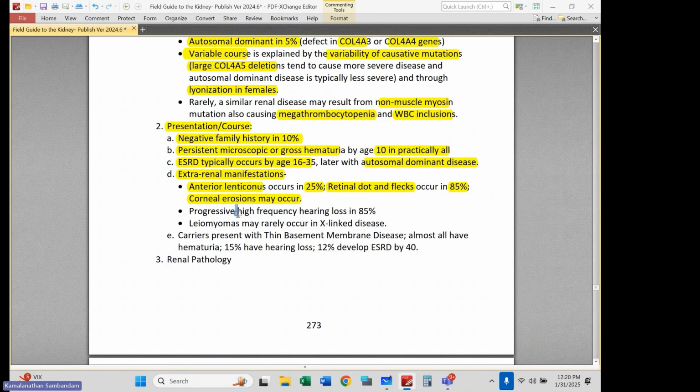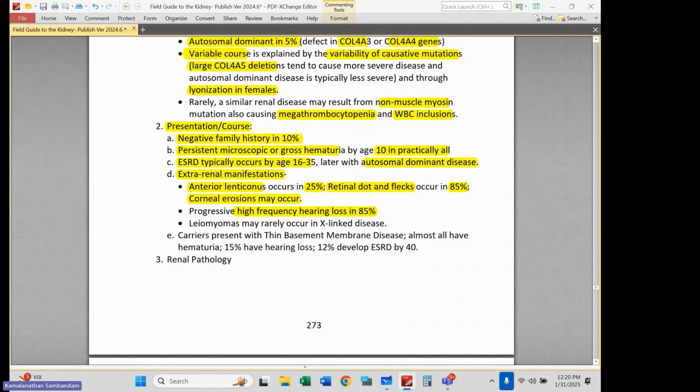Hearing loss happens also very commonly. And even in thin basement membrane disease, you should do screening audiometry in patients. But in X-linked disease, in a male, they will require hearing aids. They will have profound hearing defects, and that will occur early in life.